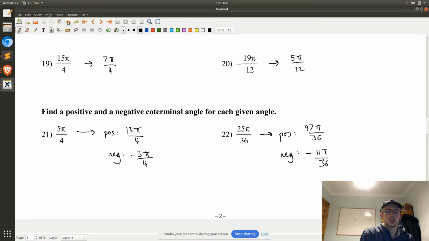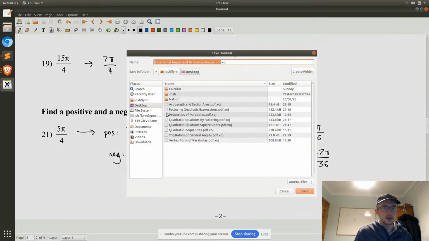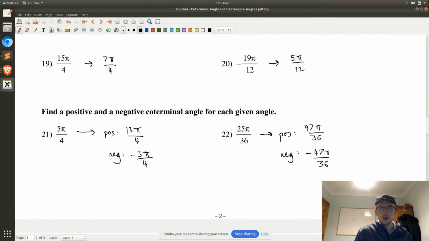Oh, my goodness me. Okay, 36 plus 11, because it has to be 72 pi. Right, okay, so negative 47 pi over 36. Right, I get it. It's just a bit of fatigue, that's all. But overall, we're doing all right.